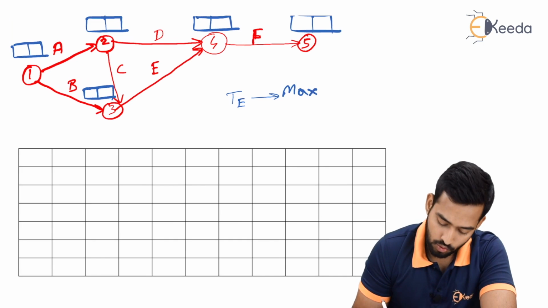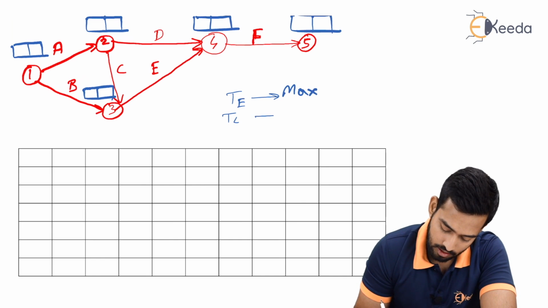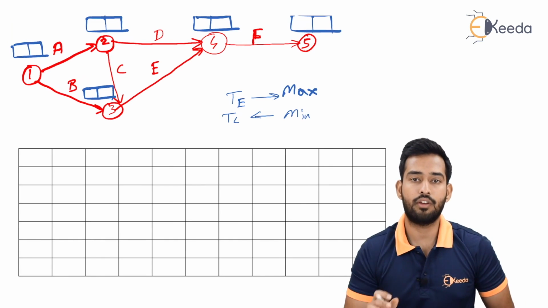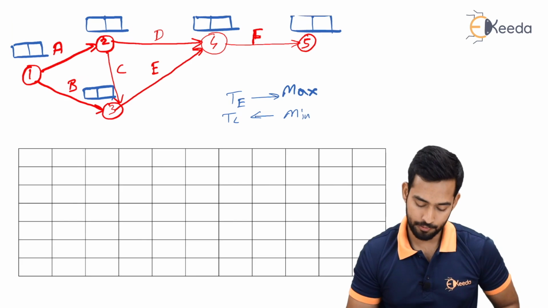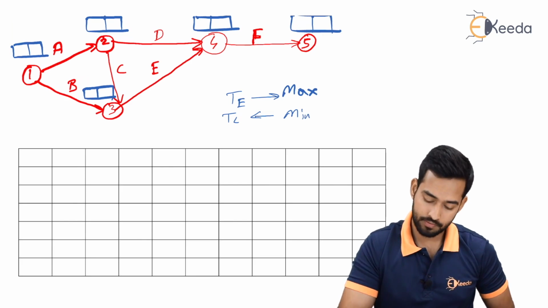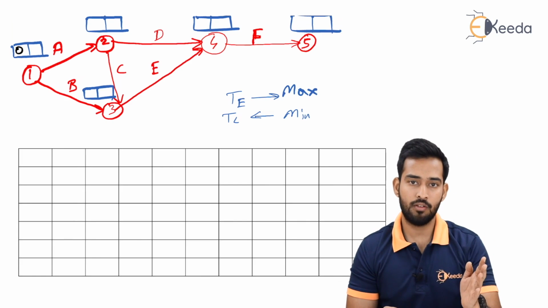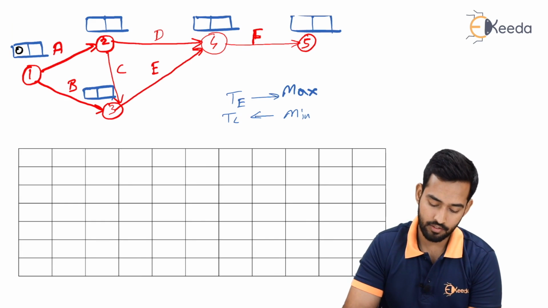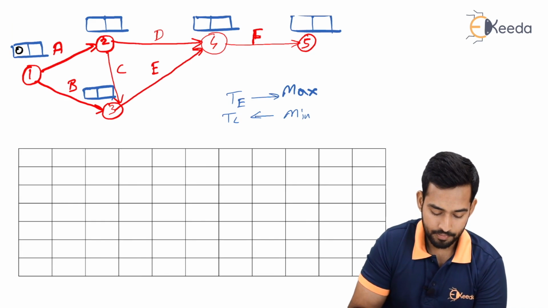While calculating TL, you have to go from right to left and take the minimum value. So let's start with the first node. TE is the first column and TL is the second column. So TE is 0, as we are starting with the first activity.